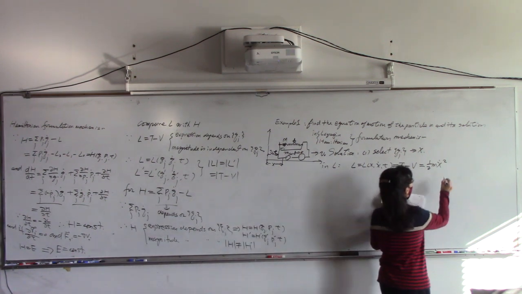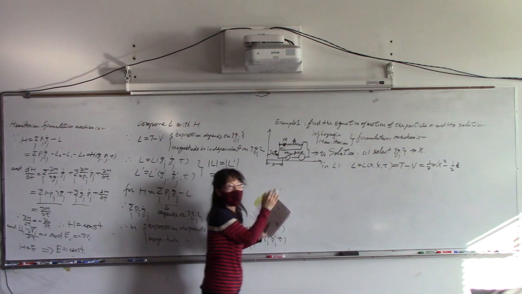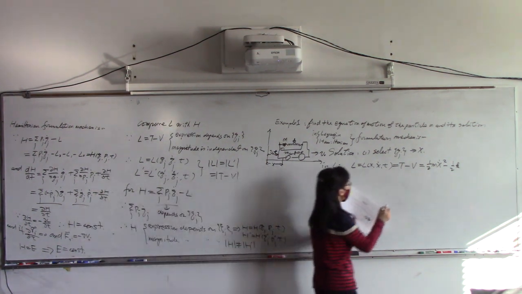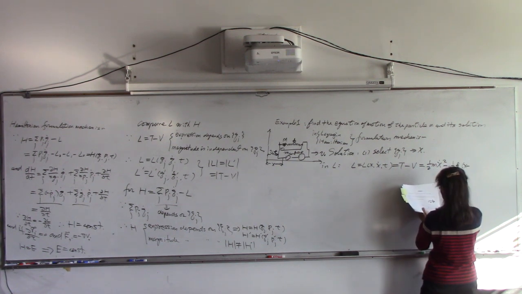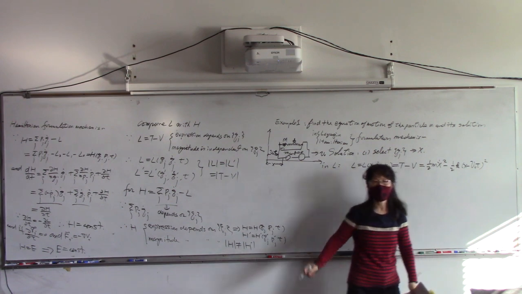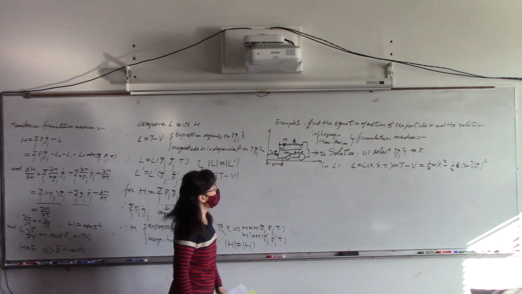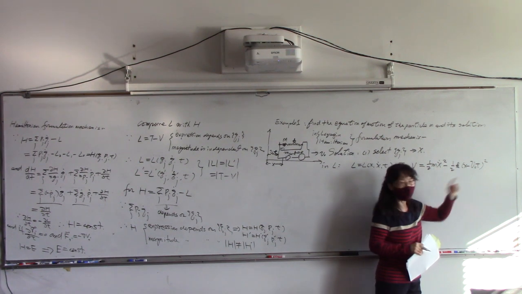So that is minus half k x prime squared, right? Since I use x, not x prime, that is x minus v naught t, right? That is the potential. So you can see here, yes, it is a function of x, x dot, and t.